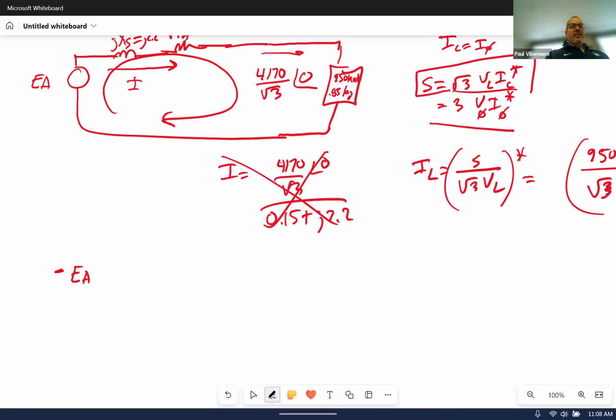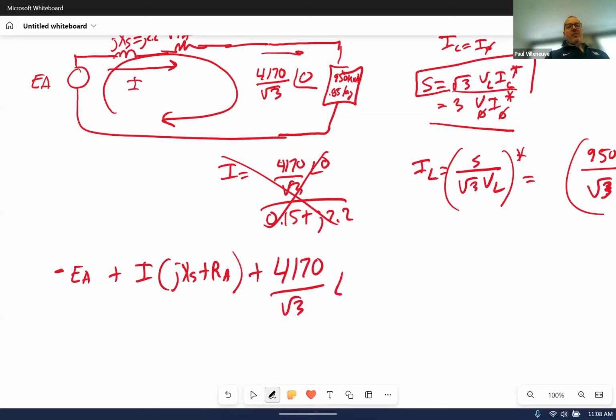Negative EA plus I times (jXS plus RA) plus 4170 over the square root of 3 at an angle of 0 equals 0. It's just a KVL loop, right? When I'm in AC circuits, it's just a KVL loop.